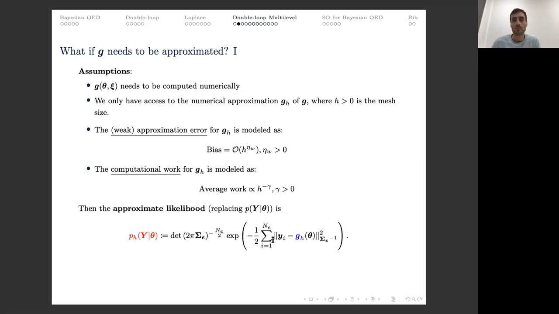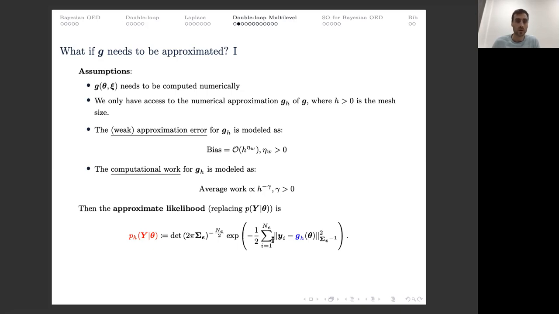So then we have two assumptions here, which are really important for the multilevel Monte Carlo estimator. The first is the weak error, which is the bias. The bias should be of order h to the eta_w, where eta_w is a positive parameter. That means that the bias should decrease as h decreases.